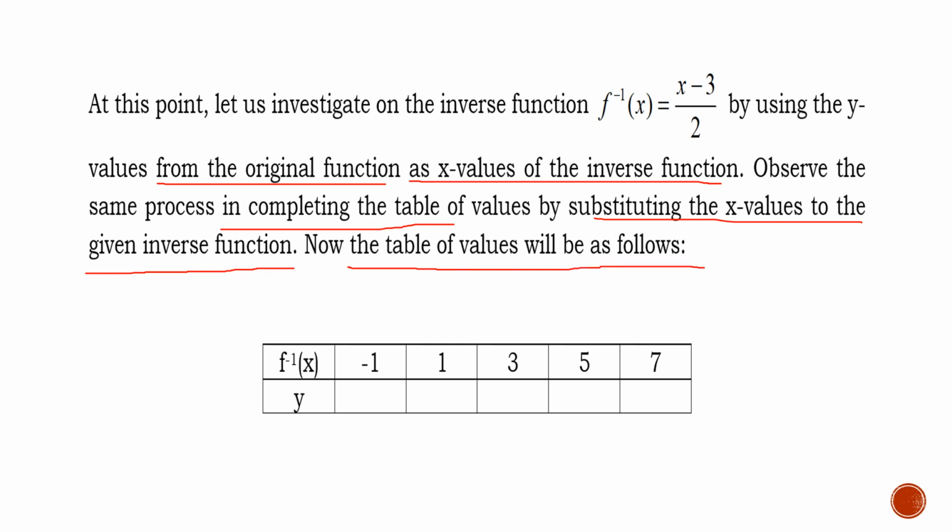So at this point, if you try to observe this table, this negative 1, 1, 3, 5, 7, these are y values in your original function. So in this inverse function, this will not be your f raised to negative 1 of f of x. So this will be the value of your x in your inverse function.